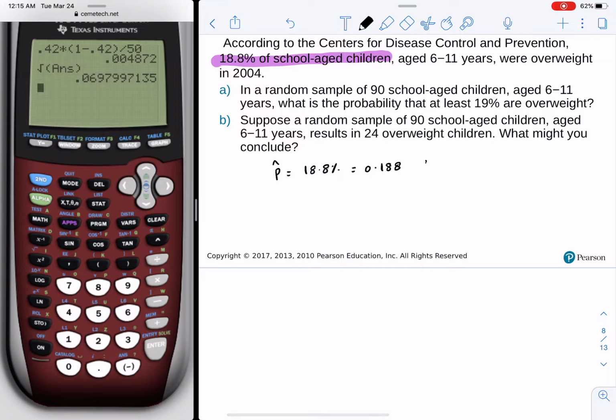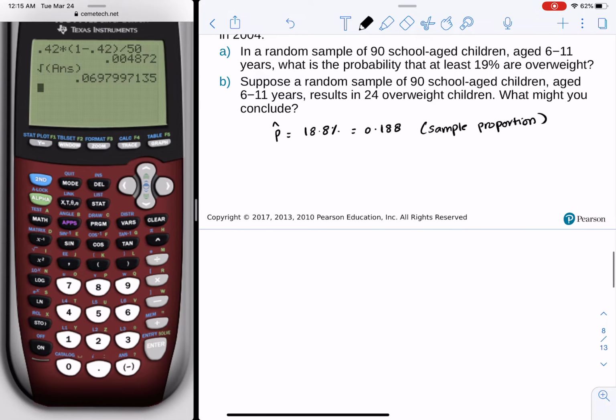So that would be the sample proportion, and the standard error for that is equal to the square root of p hat times 1 minus p hat over n.